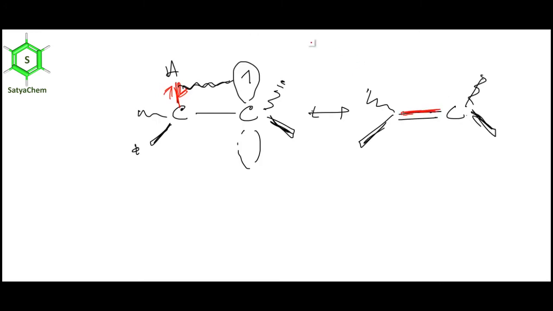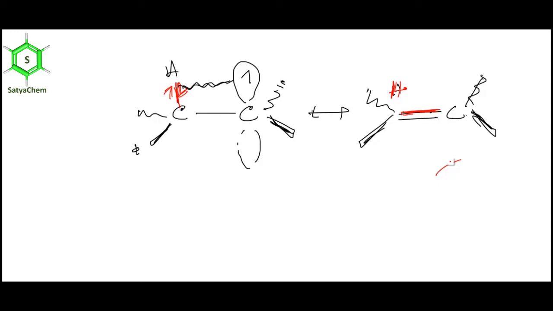New pi bond, and here will be H dot, because out of its CH bond containing 2 electrons, only 1 electron is required, because already in the p orbital there is 1 electron. Clear? So this type of hyperconjugation we are expecting in free radical systems.